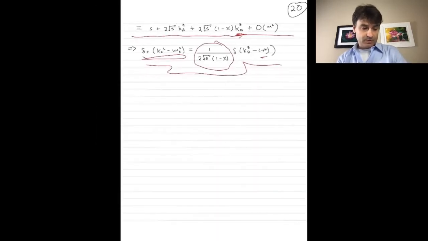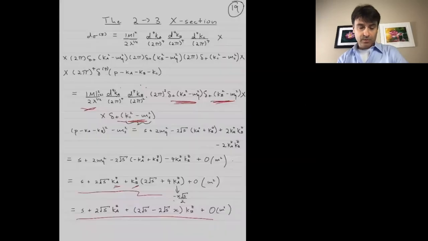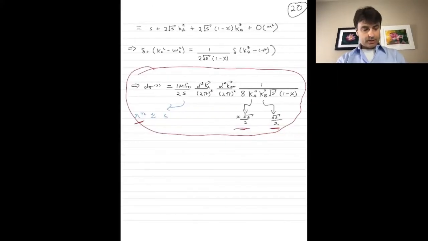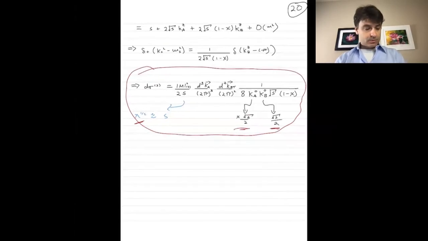And so that turns this 1 over 2 square root of lambda into just an s. So I've gotten rid of one component in the integration over Ka, the 0th component, and I've gotten rid of 2 of the components of the Kb integration. So that starts to simplify this quite a bit.